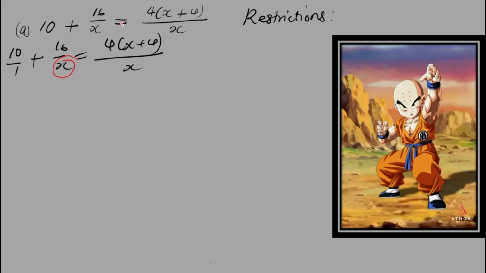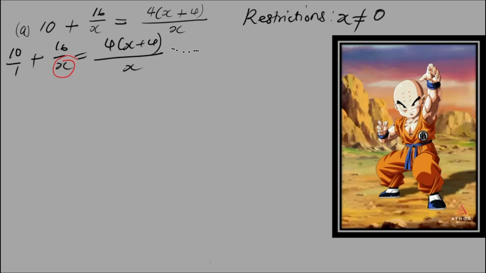If this denominator ever becomes 0, then this fraction is not a real number. And for this equation to be a real equation, it needs to have real numbers only, not imaginary numbers. So x in this case is not supposed to be 0. Makes sense, because if x is 0, the equation is not real. Now we can solve for x.